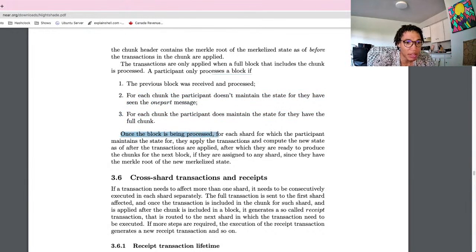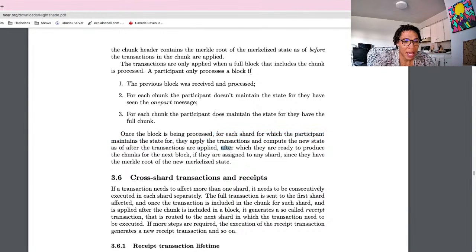Then once the block is done being processed, for each shard for which the block producer is in charge, they apply the transitions and compute the new state.